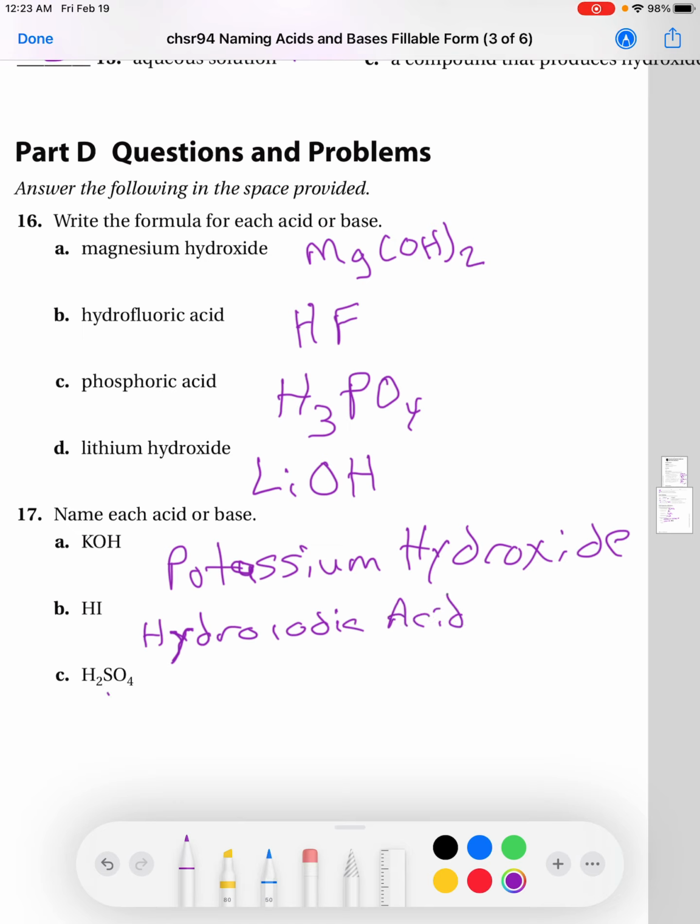And finally, this is a sulfate anion, SO4 2-. So this H2SO4 becomes the ic acid of the ate salt. So sulfuric acid, H2SO4. That concludes our discussion.